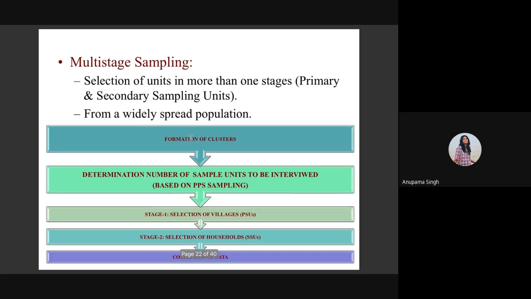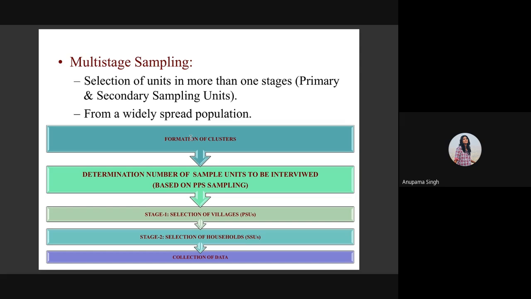Okay. Then we have multi-stage sampling. When we were talking about stratified sampling and PPS sampling, I was saying that it is very popular. Multi-stage sampling is actually the most used method of sampling, because in this we have different kinds of stages.